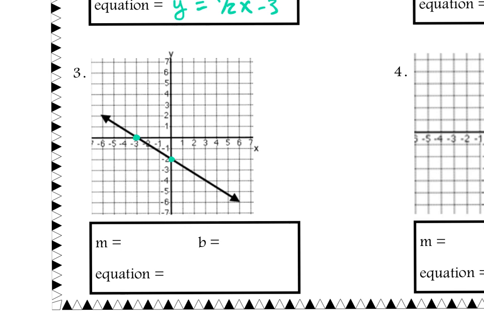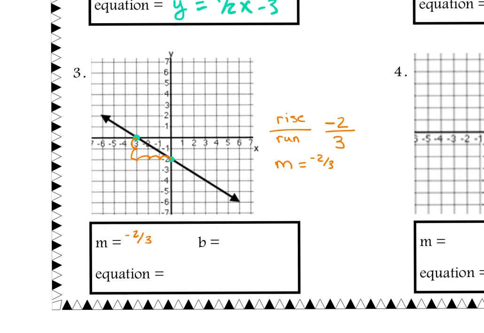When looking at a graph, all we need to do is rise over run. So what we're going to do is go 1, 2, down 2, so -2, and then over 1, 2, 3. So my slope is going to be -2 over 3.